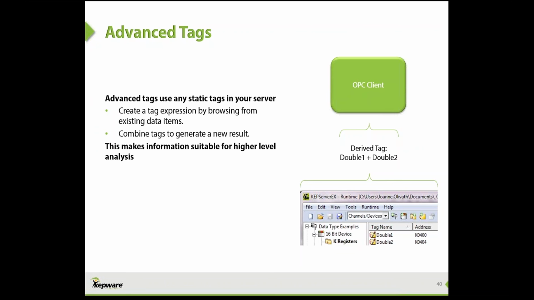Basically, you're combining tags or using tag information to generate a new result. What this does is make information central to your server and able to pass up aggregated information instead of just raw data to higher level clients. So you pass up a calculation instead of passing up the raw data and forcing the client to do that calculation.